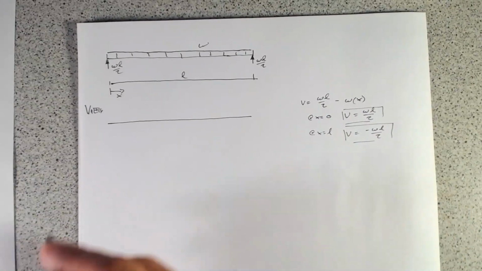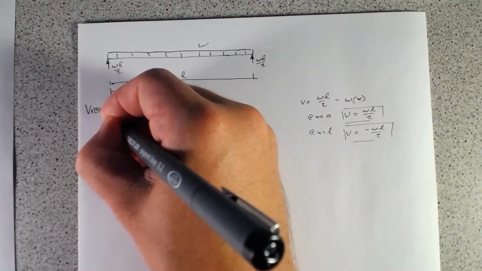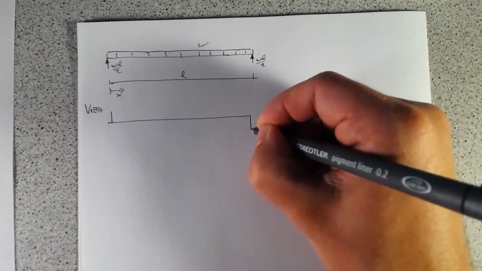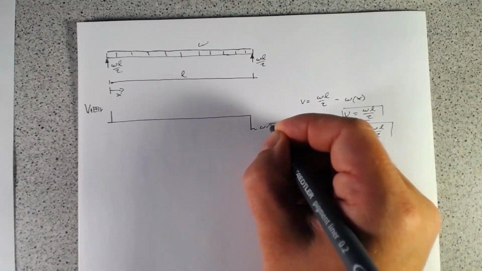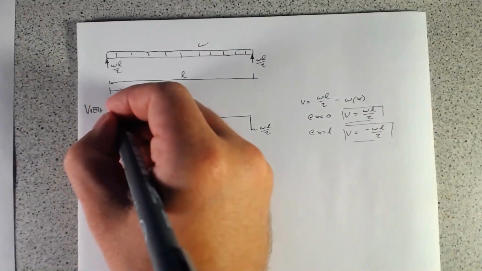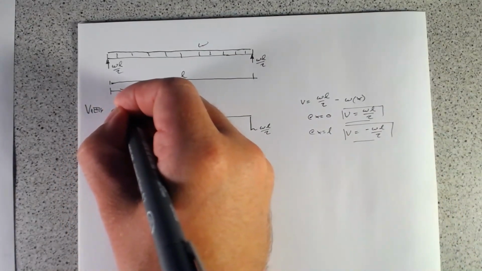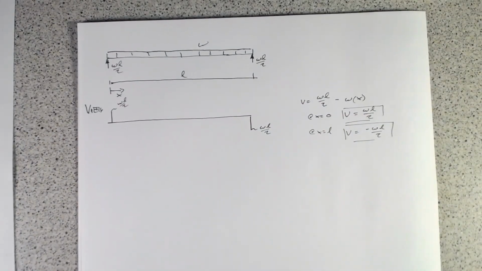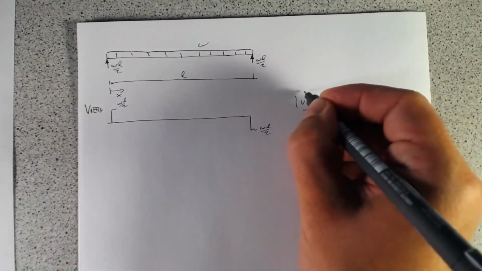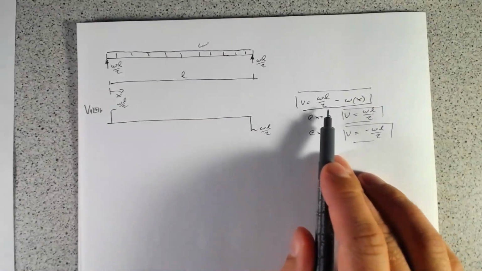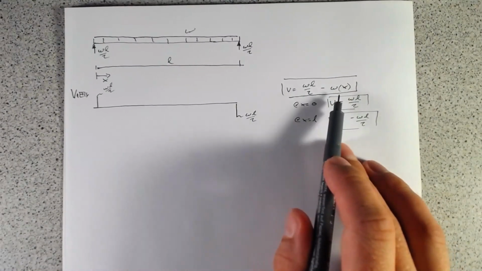Well, we can go ahead and plot those values up. So at X equals 0 and at X equals L, we know we have WL over 2. And we can see from this equation where we will start, and this is just simply a linear equation.